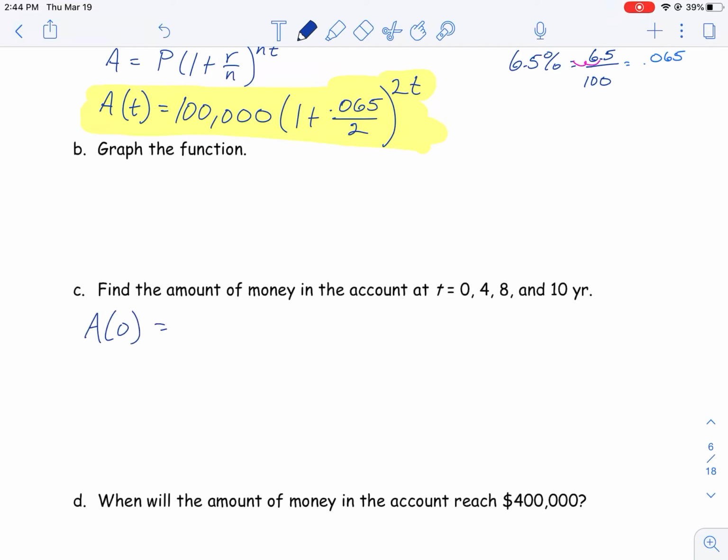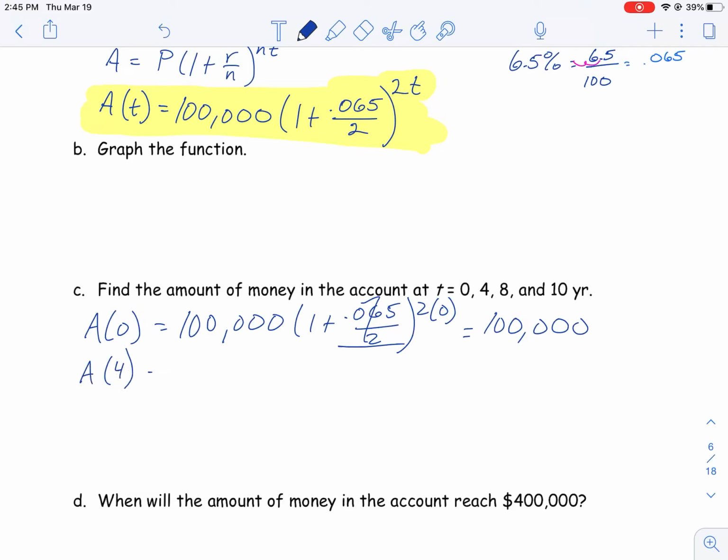A of 0 equals 100,000 times 1 plus 0.065 divided by 2, to the 2 times 0 power. You might be grabbing your calculator, but if you pause and look at it, 2 times 0 is 0. Any number to the 0 power is 1, and 1 times 100,000 is 100,000.